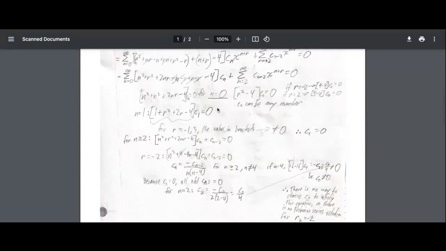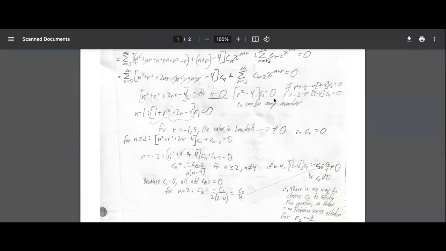And so what we're supposed to do here is let n equal 0. This is what I found in the notes. And you do this so that you can assess your c of naught. This is important because it will help you see what is in the future for your solution. And so over here, I plug in n equals 0, and I get (r squared minus 4) c of naught equals 0.